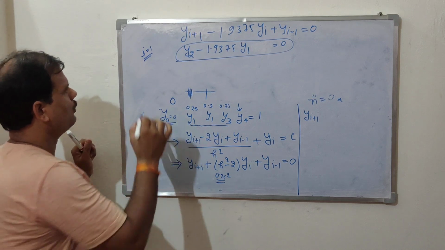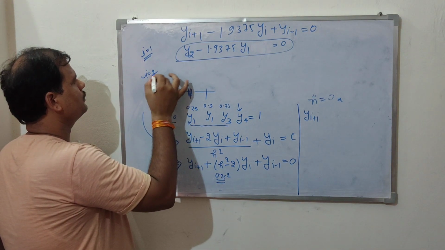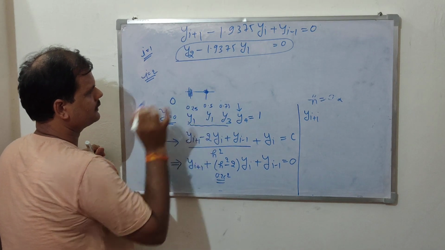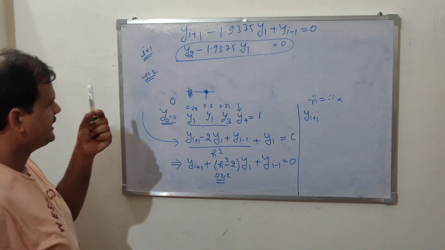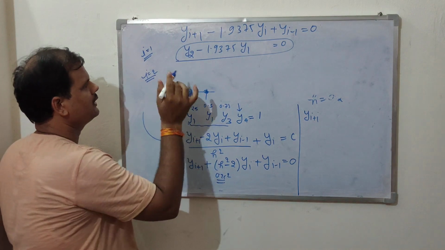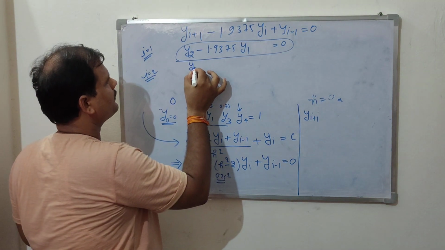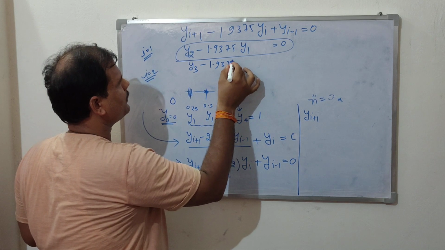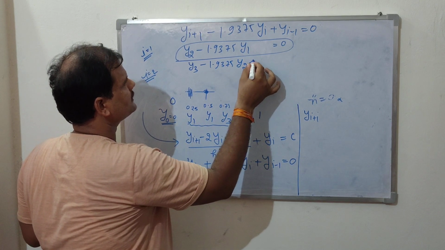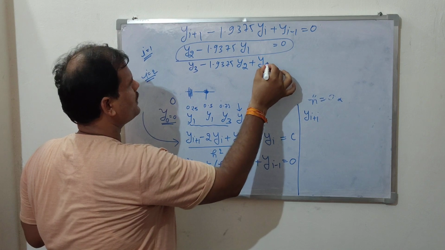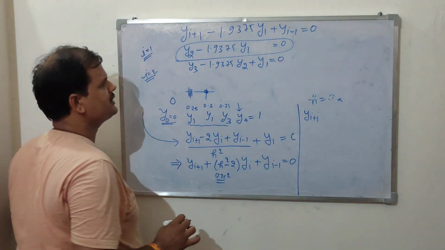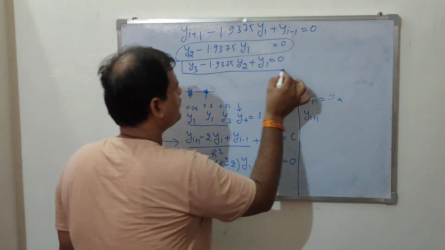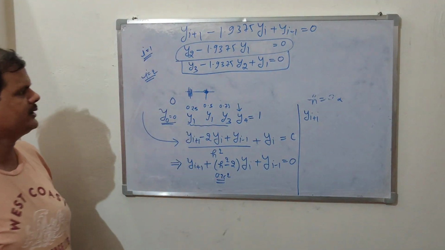Now I equal to 2, the second interior node. We have y3 minus 1.9375 y2 plus y1 equal to 0. These three are unknowns, y3, y2, y1, so we don't have anything to substitute here.